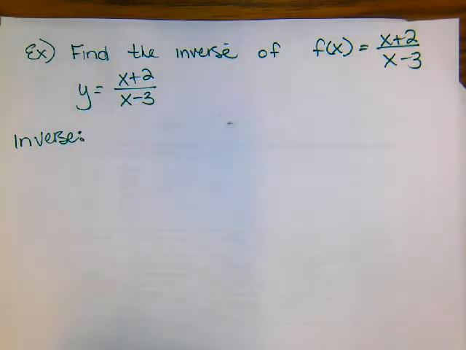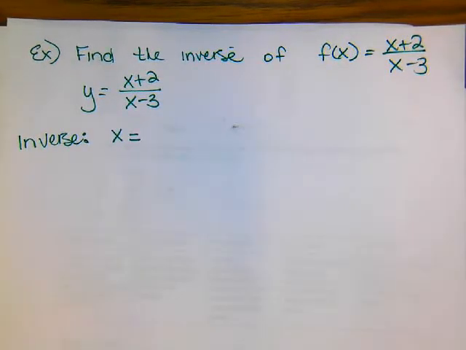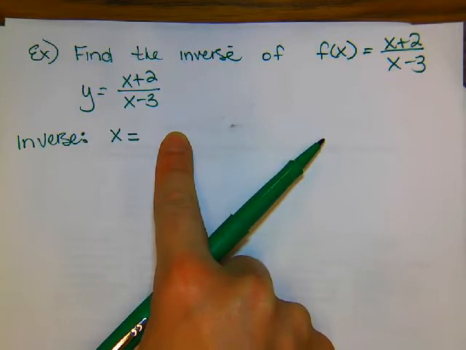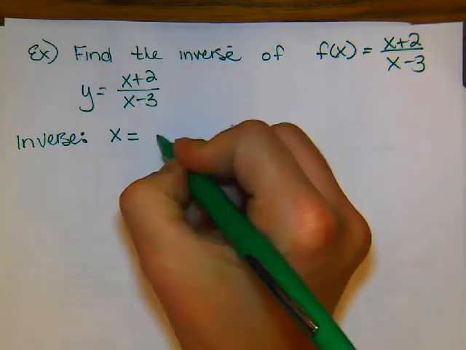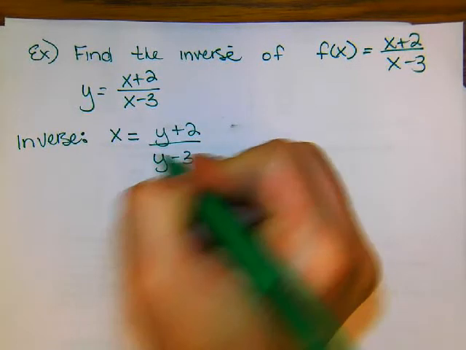equation, instead of y equals, it would be x equals. What do you think would be on top? Y plus 2 over y minus 3. Okay.